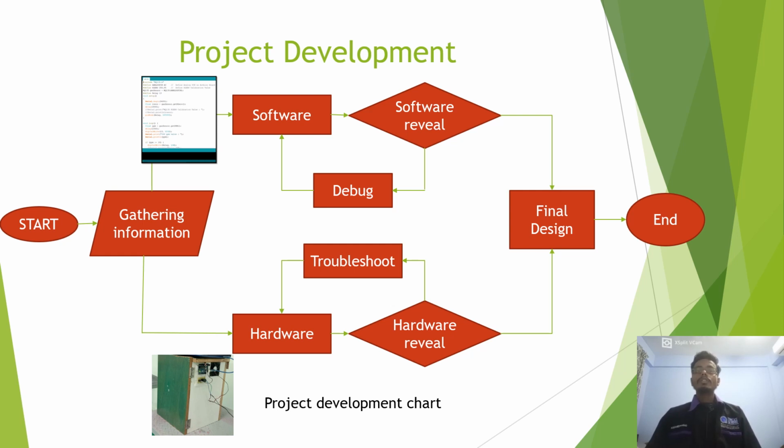Now we are going to see the project development. At first, I gathered information about this project and I completed the hardware, at the same time as the software. After finishing the hardware, I reviewed it by testing whether it was working correctly or not, and if there was some defect, I troubleshot it and the hardware was tested again to produce the final design.